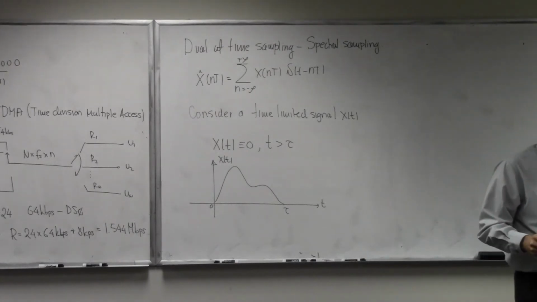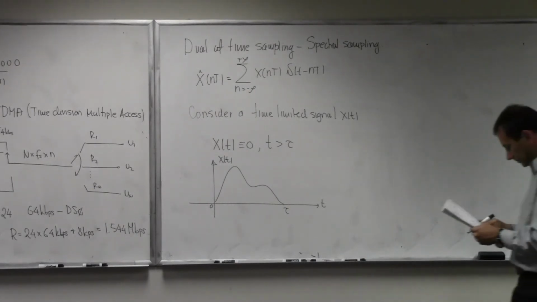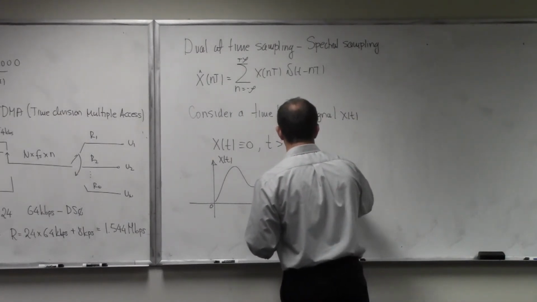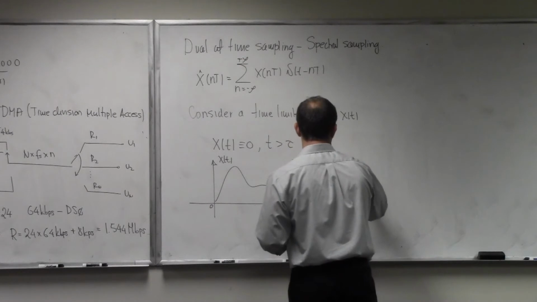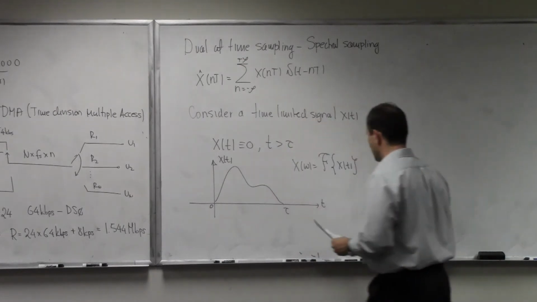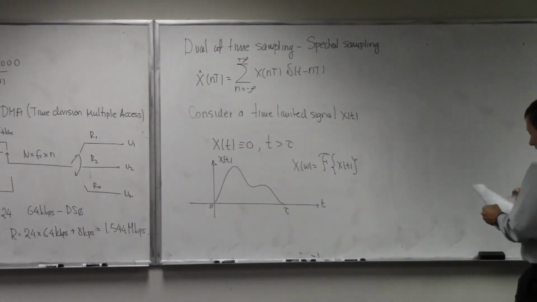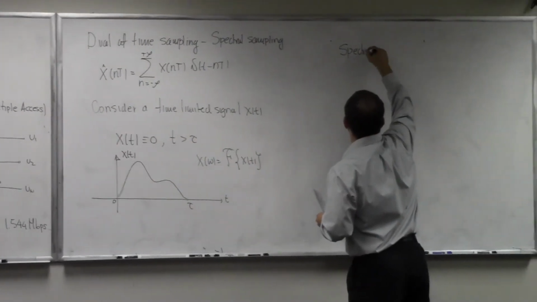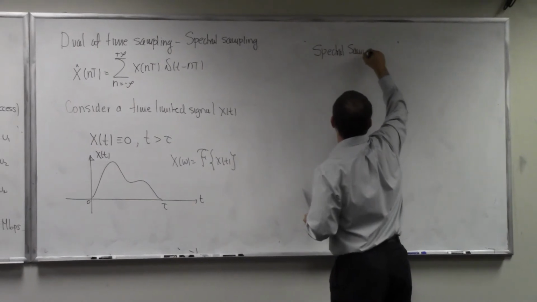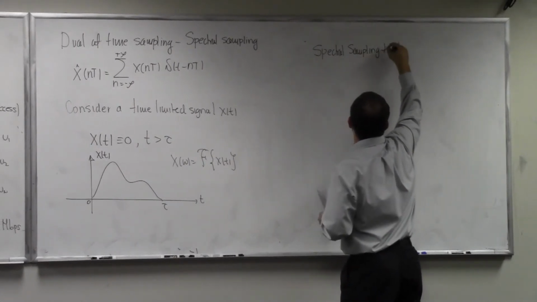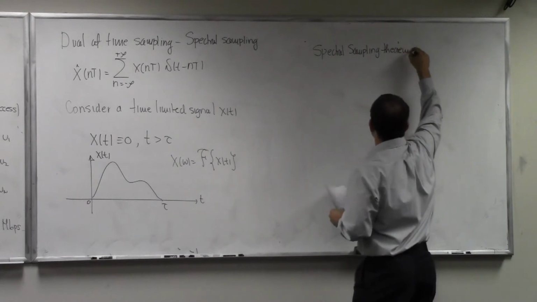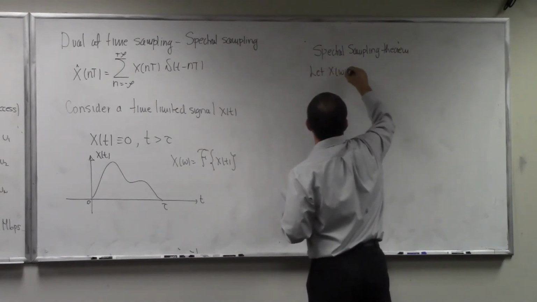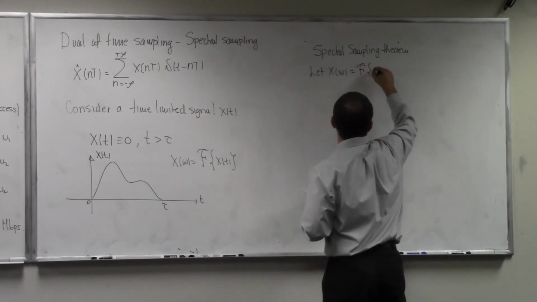So let me formulate the spectral sampling theory. First of all, let me define x of omega as the Fourier transform of x of t. I'm going to need that for the definition. So, spectral sampling theory. It says, let x of omega be the Fourier transform of x of t.